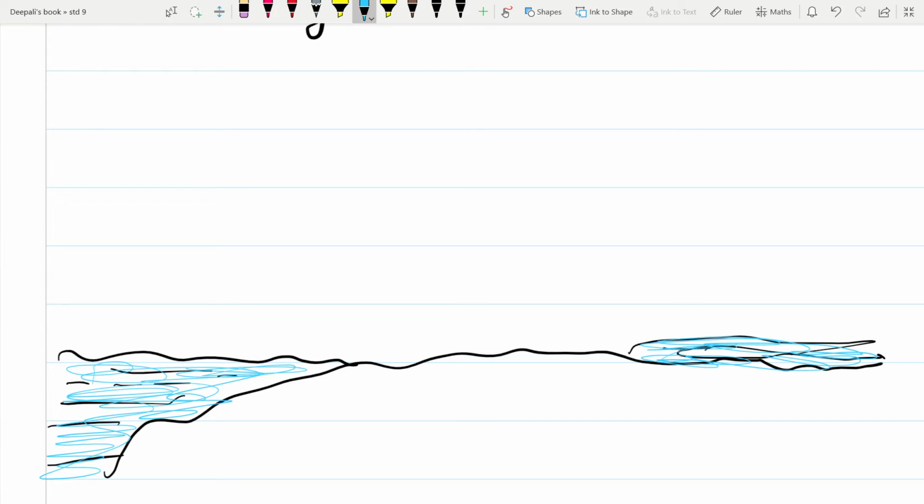Now, all the water in the water bodies like ocean, sea, lake, pond, rivers, canals, streams, etc. gets converted into vapor form by the process of evaporation. And this water, after evaporation, reaches the atmosphere in the form of vapor.